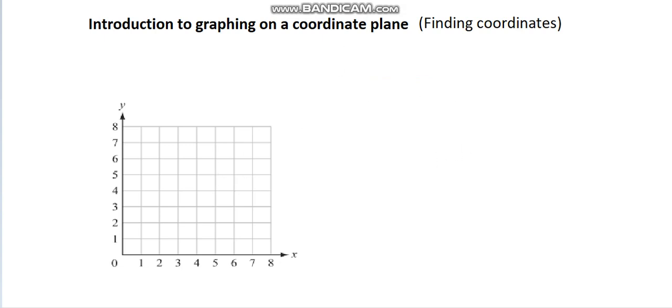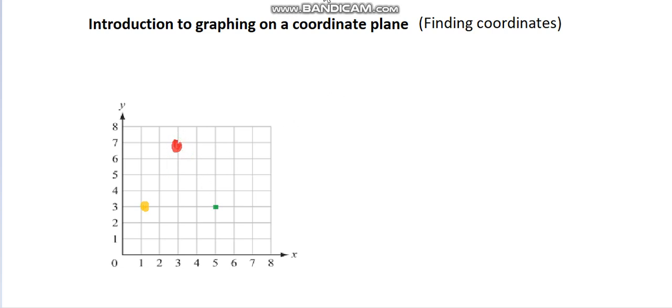Let's just say I plotted a point on here. I'm going to plot a couple of points for you. Say this red point, and I'm going to plot this green point over here, and this orange point right here.